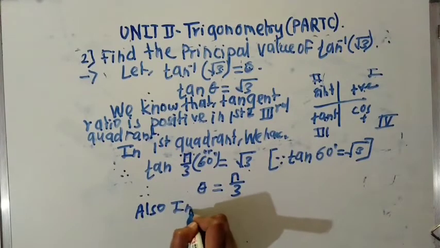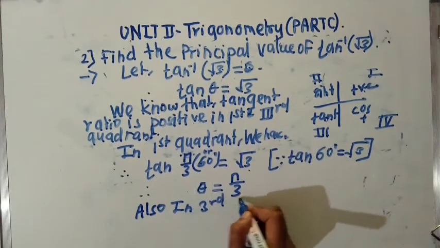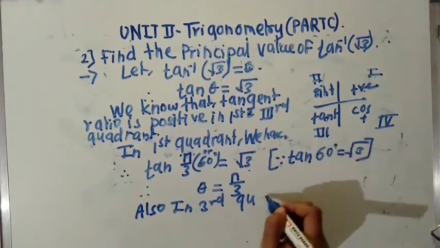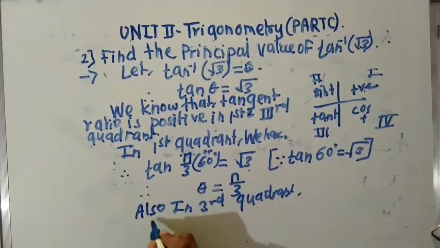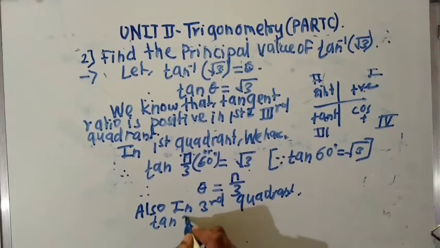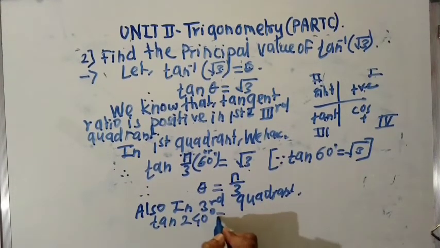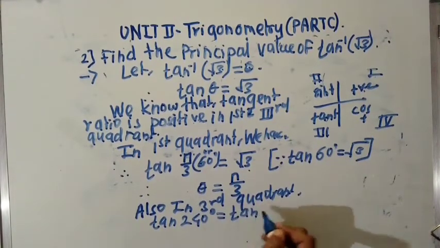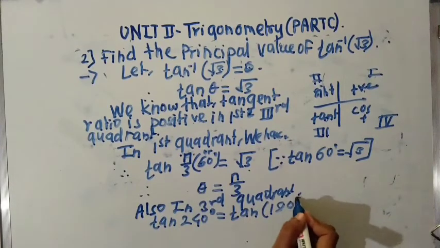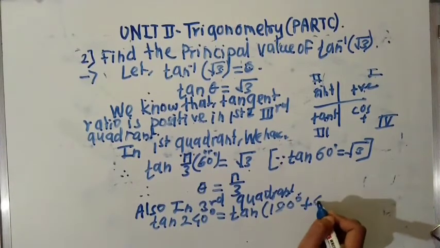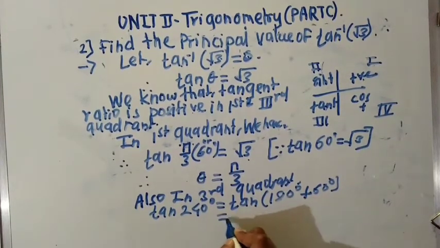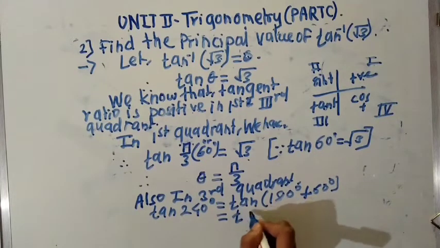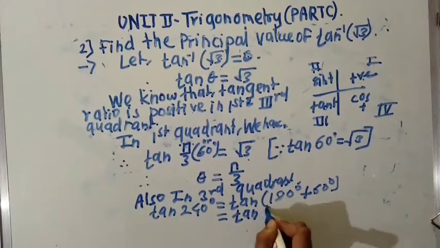Also in the third quadrant, which ratio will be root 3? Tan 240 means tan of 180 plus 60 degree, but tan of 180 plus 60 degree is tan 60 degree.